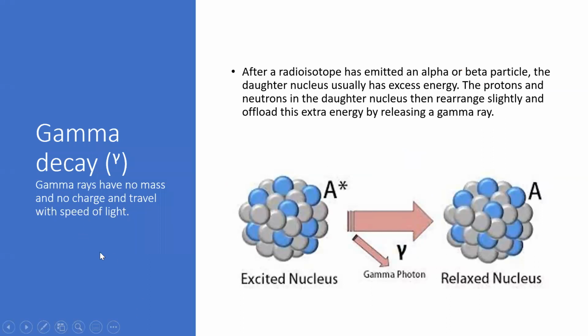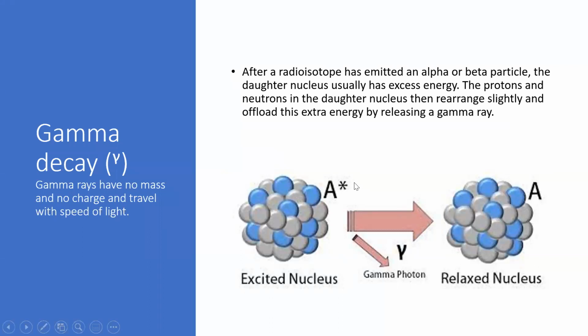Gamma decay. Gamma rays have no mass and no charge, and they travel at the speed of light, that is 3 times 10 to the power 8 meters per second. When a radioactive isotope emits an alpha or a beta particle and undergoes radioactive decay, the daughter nucleus that is created has excess energy and is in an excited state.